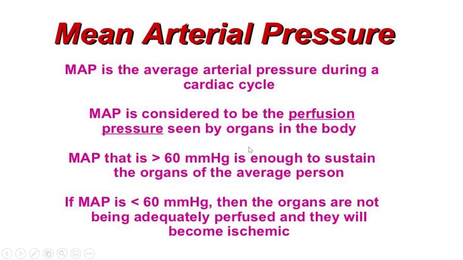When we say perfusion pressure, the mean arterial pressure is actually a screening method of determining how well your blood pressure is helping feed your cells. For instance, a mean arterial pressure that is greater than 60 millimeters of mercury is enough to sustain the organs of an average person.